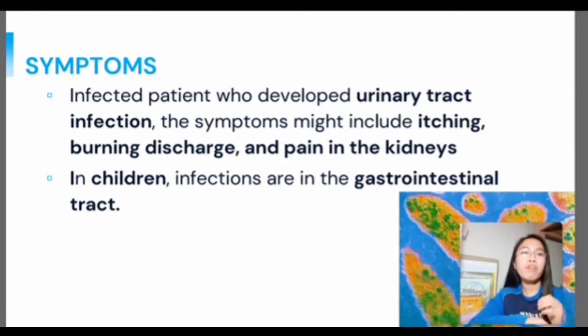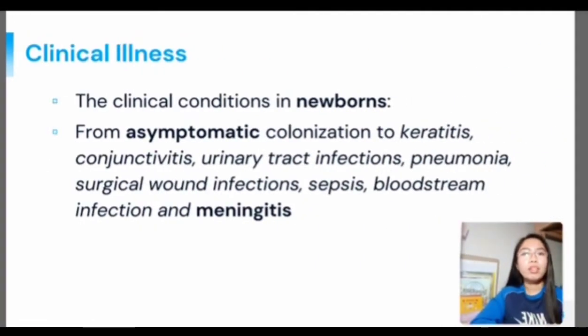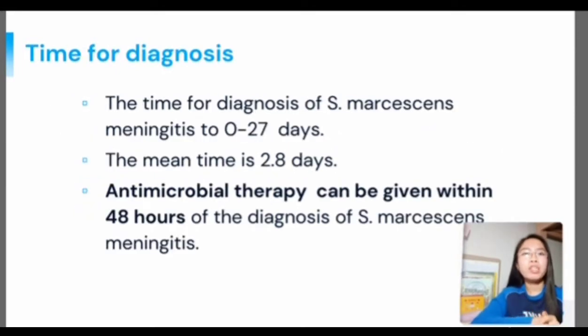In children, infections are in the gastrointestinal tract. The clinical conditions in newborns range from asymptomatic to meningitis. The time for diagnosis of Serratia marcescens meningitis is about 0 to 27 days, and the mean time is 2.8 days.